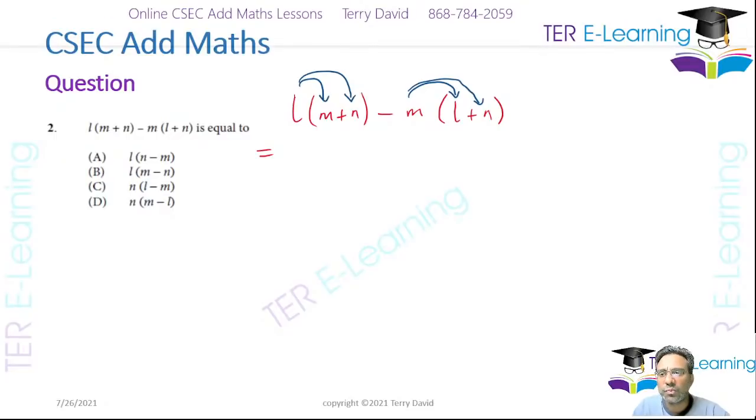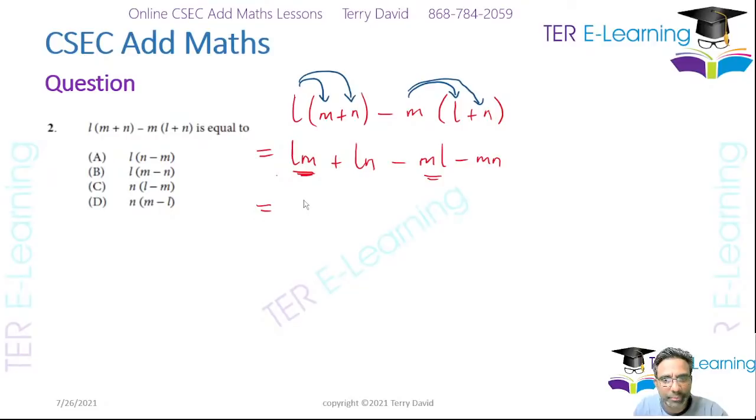So let's work that out. So this here is going to give me LM plus LN minus ML minus MN, right? Now, if you look carefully, you realize, wait a minute, this term here is going to cancel this because LM is the same as ML, right? So when you subtract that, that's going to disappear.